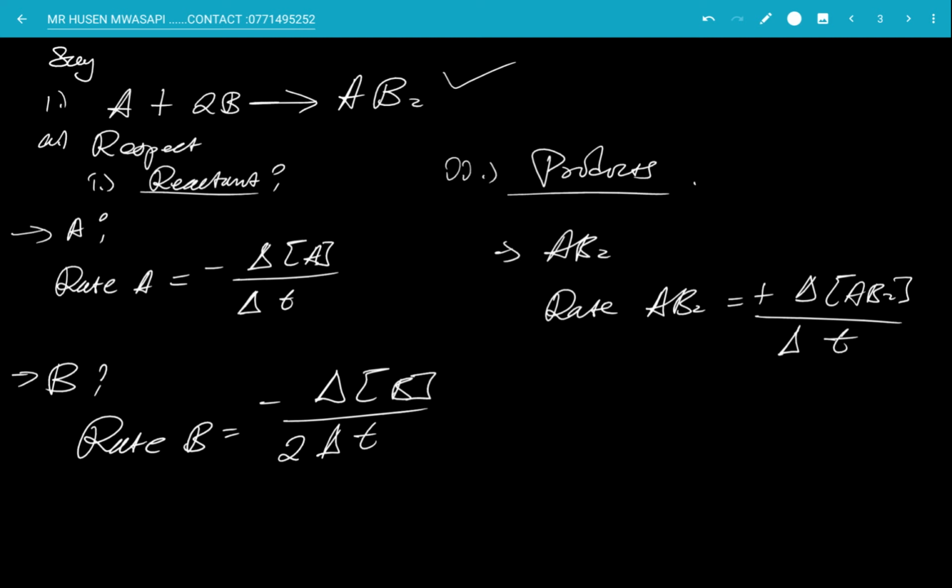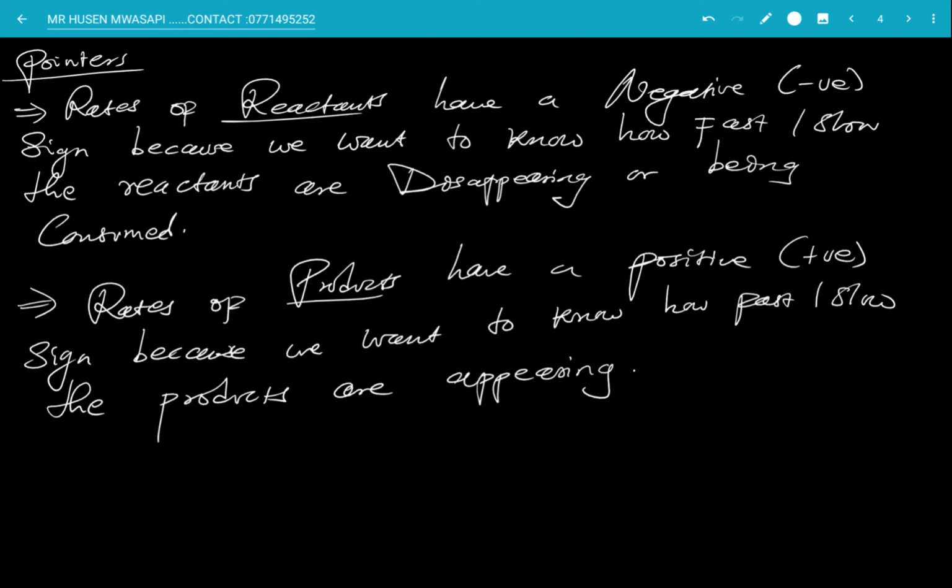Now most of you are wondering, why is it that the rate of A and that of B are having a negative sign? Now this is because of one important point. Rates of reactants have a negative sign because we want to know how fast or slow a reactant or the reactants are disappearing or being consumed. That is why it's negative.